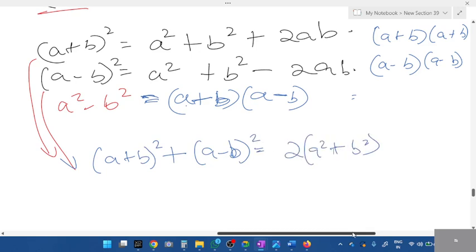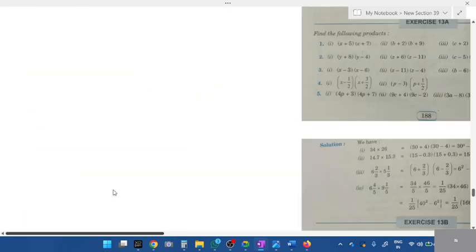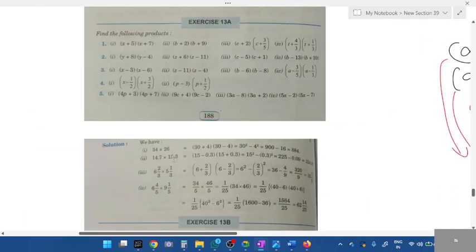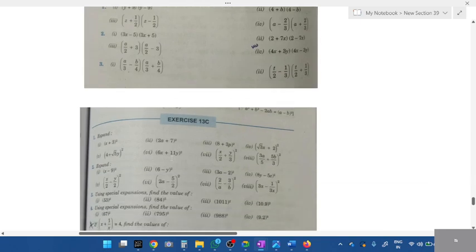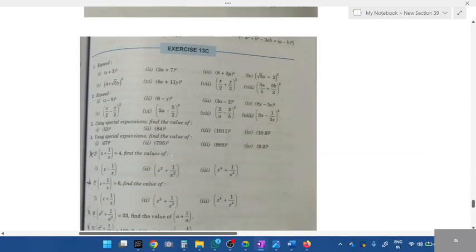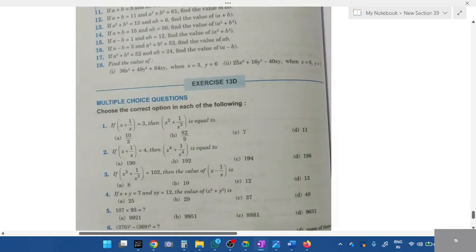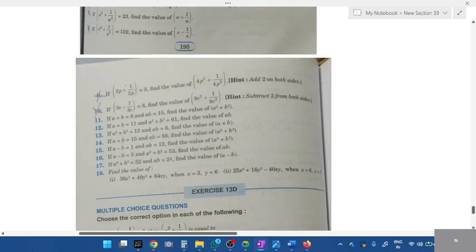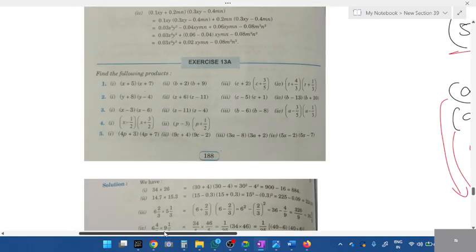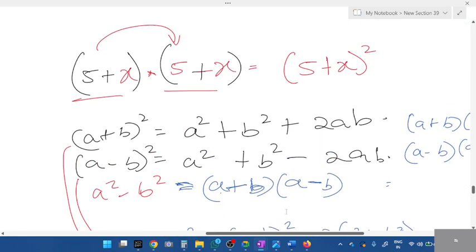Let me see if you have questions. No. So this is not required. Just copy these three, students. Complete this.